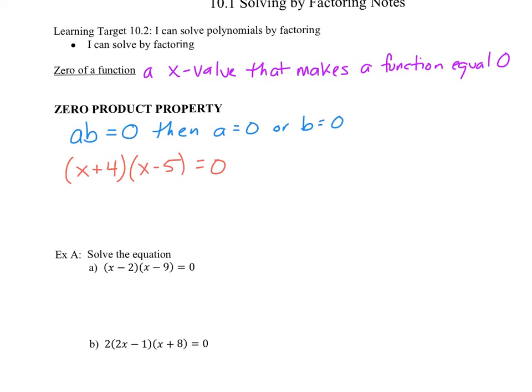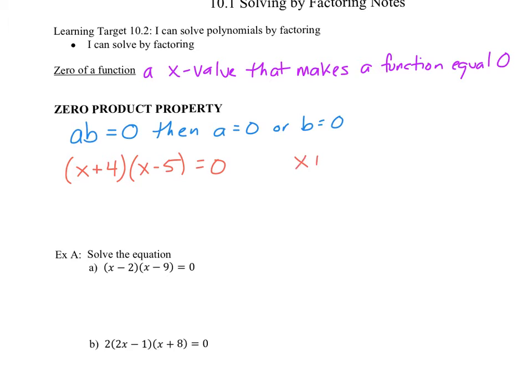The product property tells me that if these two things being multiplied equal 0, either this has to equal 0 or this has to equal 0. So what I do is I take each part and I set it equal to 0.